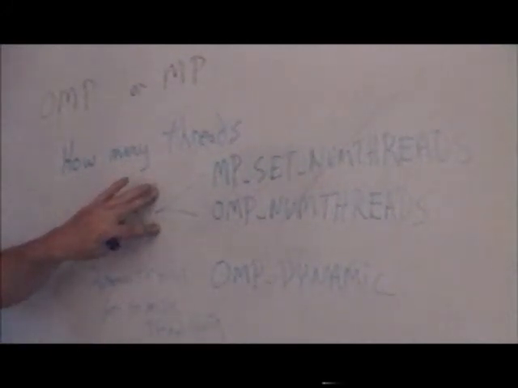So when I go to OMP_DYNAMIC and make that true, I'm turning off static threads, and then the MP libraries will look at the load on the system and say, I've got a 16 CPU system and my queue length is 16 threads or 16 processes, so I better not go 16 wide, that's too much.